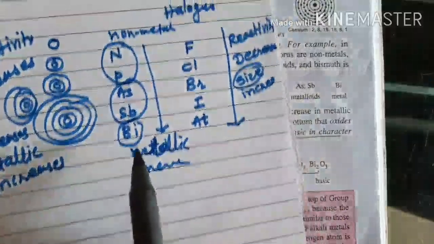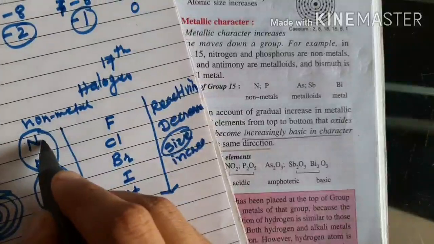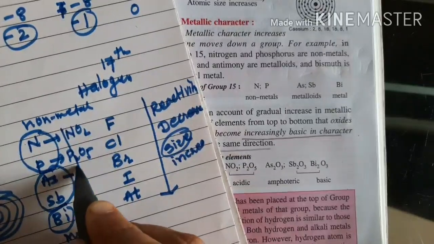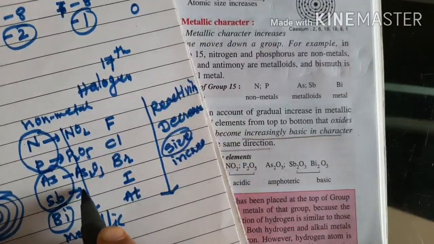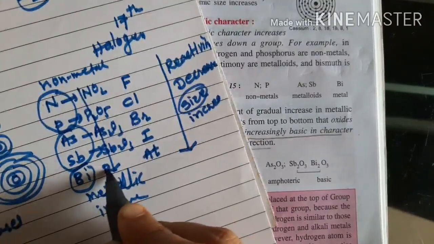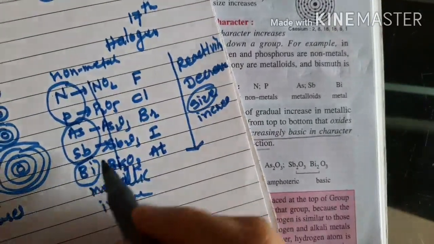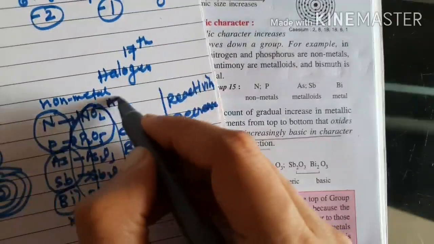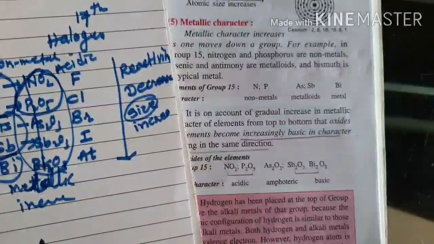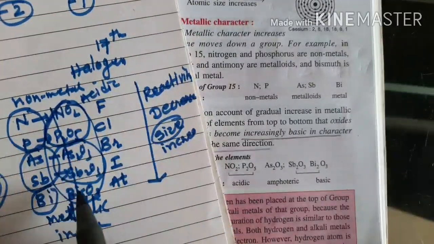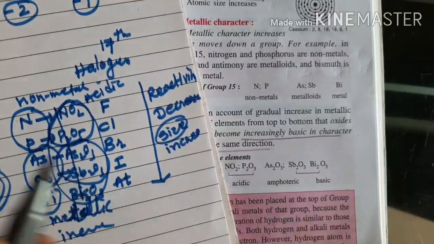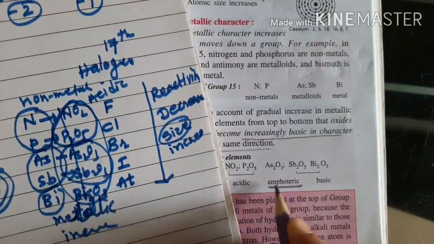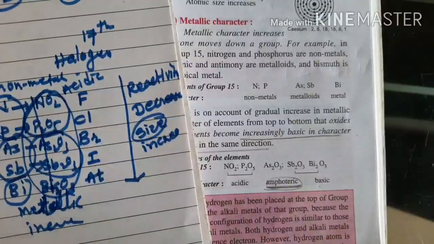Here the oxides are given: nitrogen NO2, phosphorus P2O5, arsenic As2O3, Sb2O3 and Bi2O3. The first two are acidic, the next two are amphoteric, which means they show both properties, sometimes behaving as acidic and sometimes as basic.